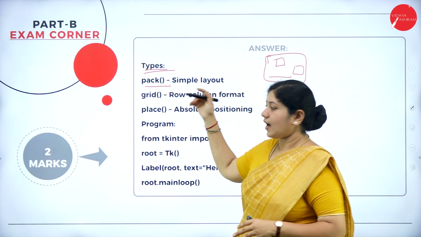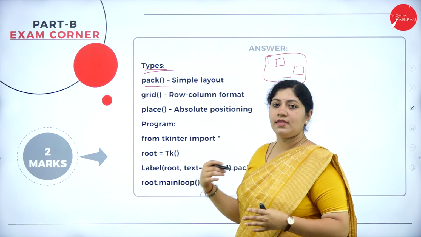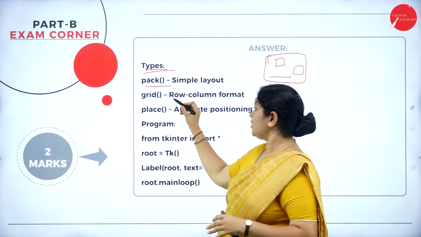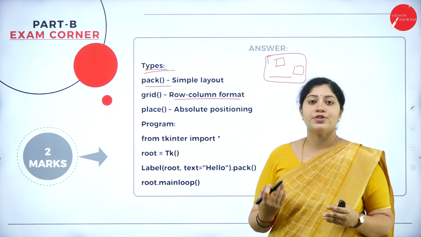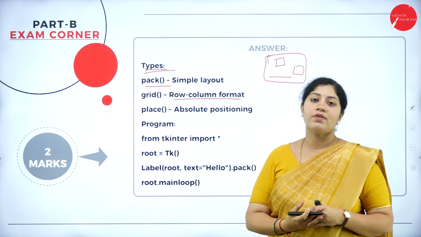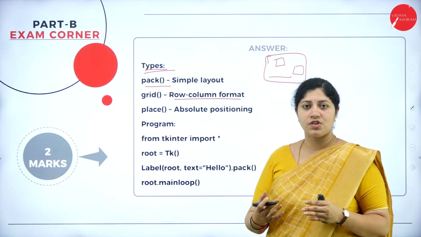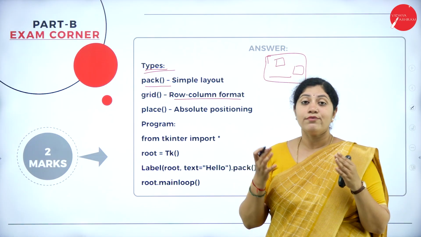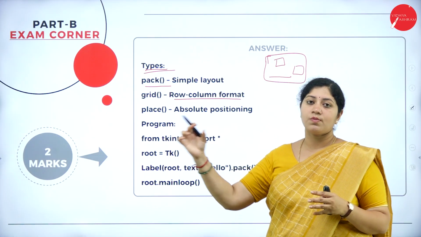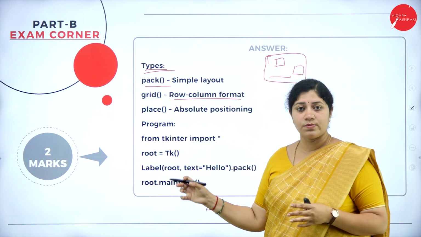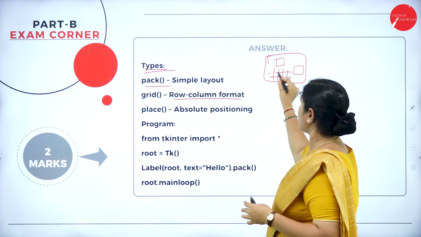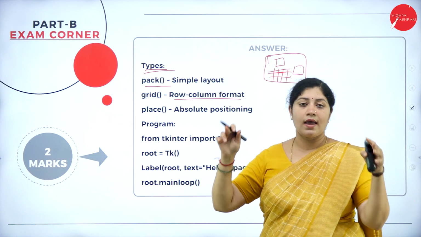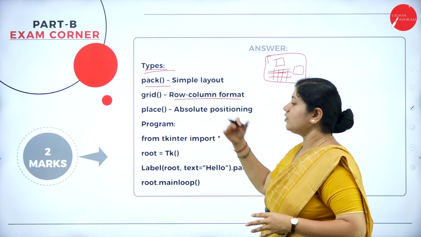So for that, I'll be using pack, and then in order to go with grid, we'll be going with grid whenever we are supposed to define any of the values with tabular information. Tabular information in the sense which includes the information in the form of rows as well as columns. Okay, if I want to mention the rows and columns inside my application, then I can easily go with the grid.